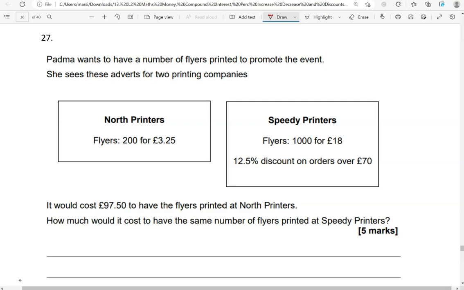So, North Printers, 200 of them for £3.25. So if we divide £97.50 by £3.25, should give us how many lots of 200 were ordered.